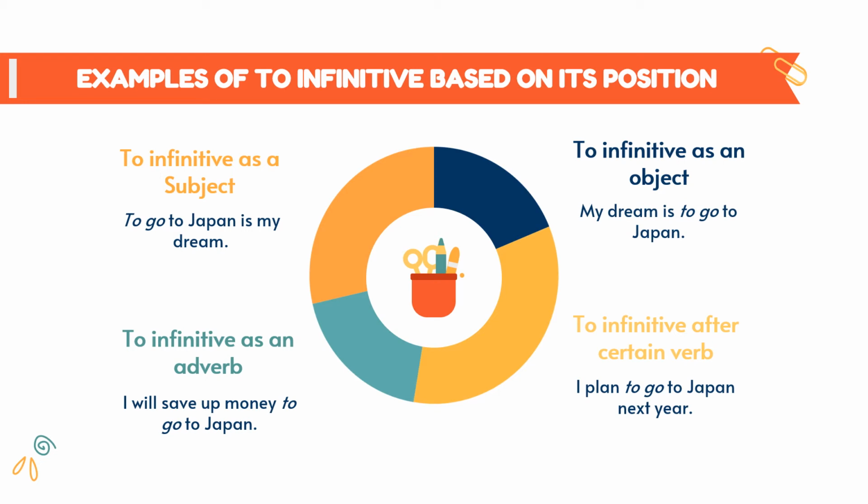And the last is to infinitive after a certain verb. I plan to go to Japan next year. This is called a certain verb because this verb plan can only be put before to infinitive. I cannot say I plan going to Japan next year.